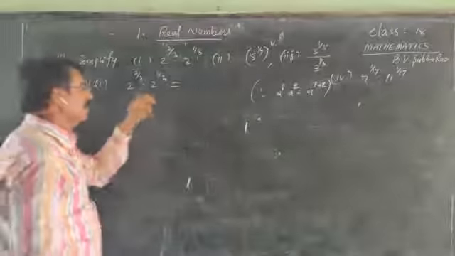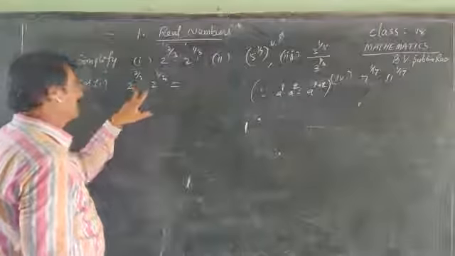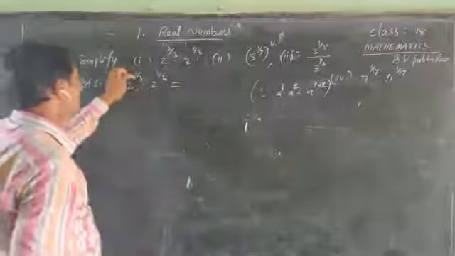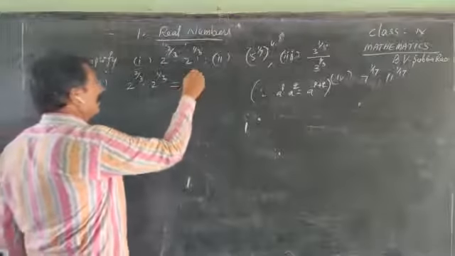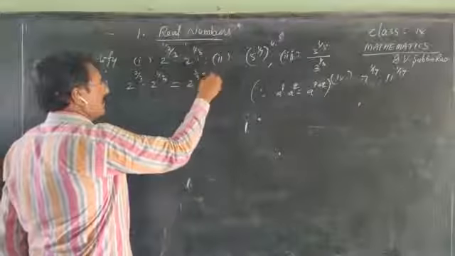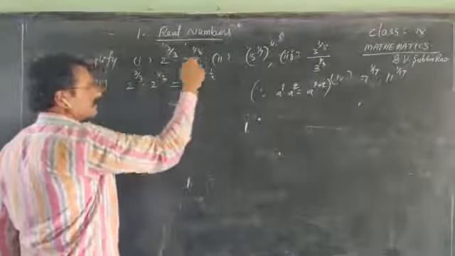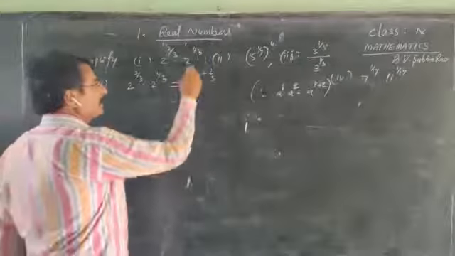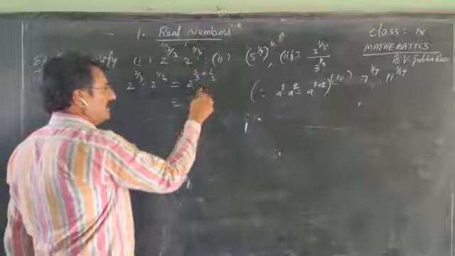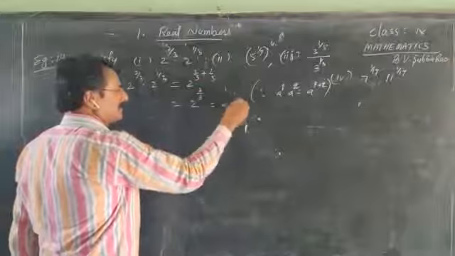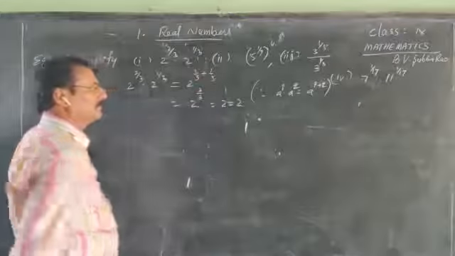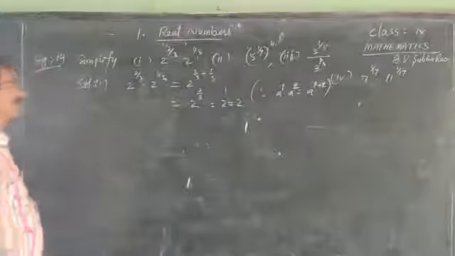As per that law, we can write, let's take these bases as a, and it is a p, it is a q. 2 power 2 by 3 plus 1 by 3. These two are fractions. Sum of them equal to 2 plus 1, 3 by 3, equal to 2 power 1, which is nothing but 2.